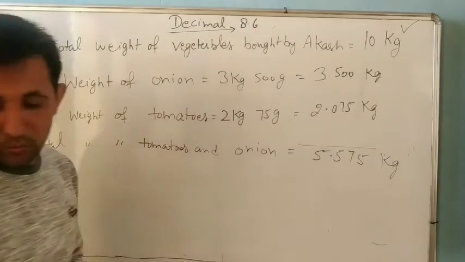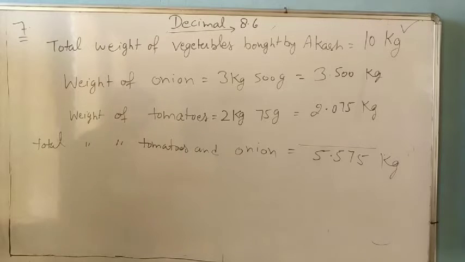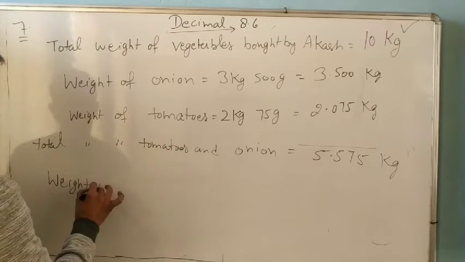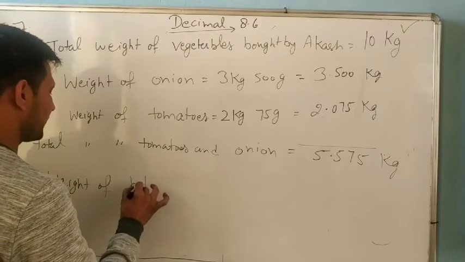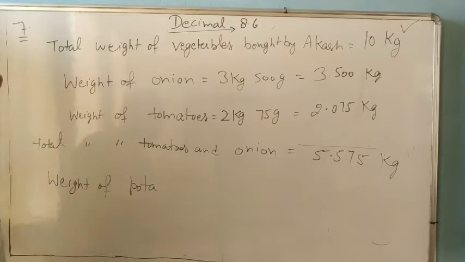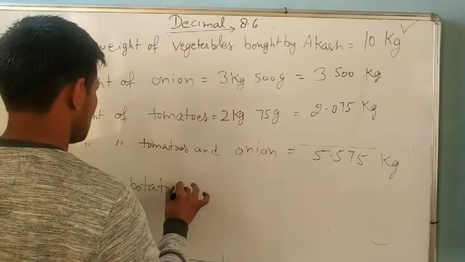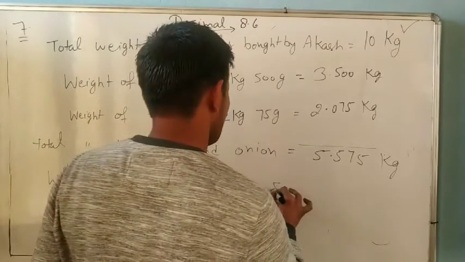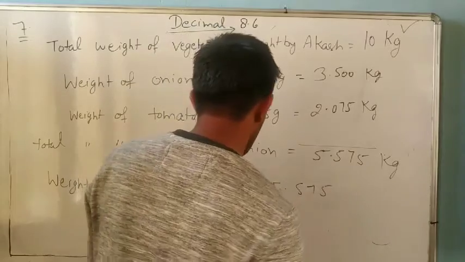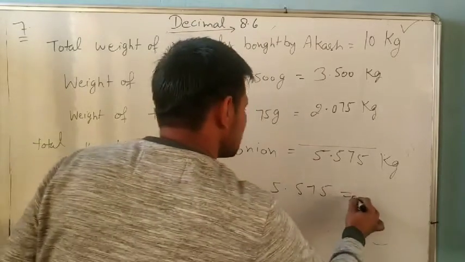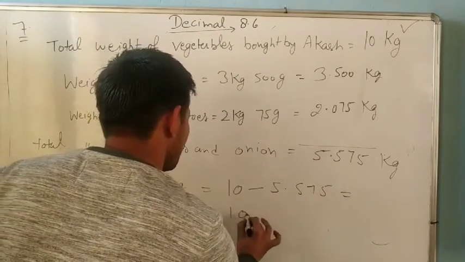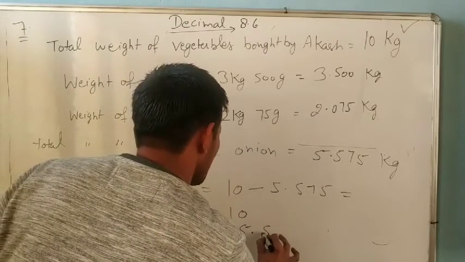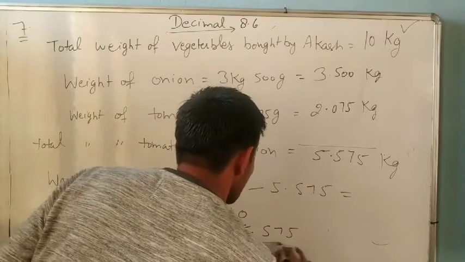Now we have to find the weight of potato. So write weight of potatoes. Weight of potatoes is 10 minus 5.575. Either you can subtract like this, otherwise you can subtract 10.000 minus 5.575.